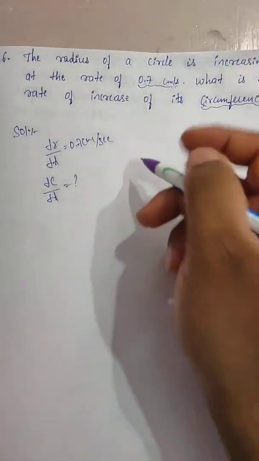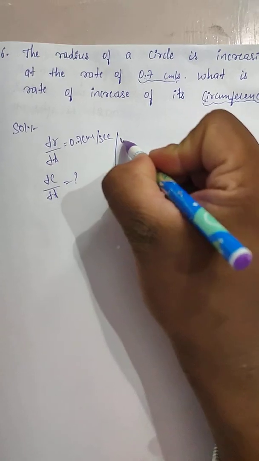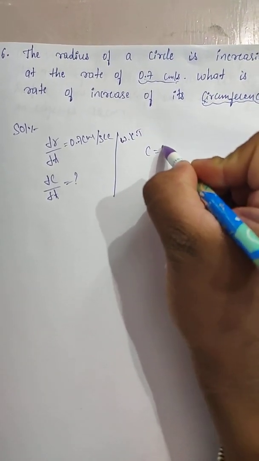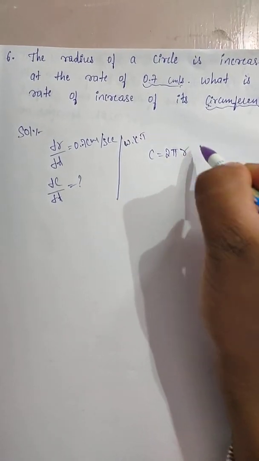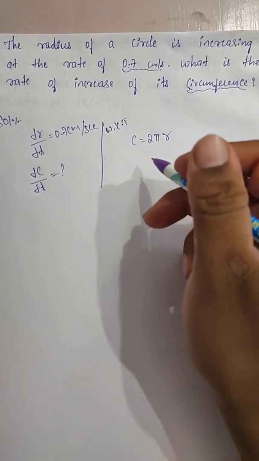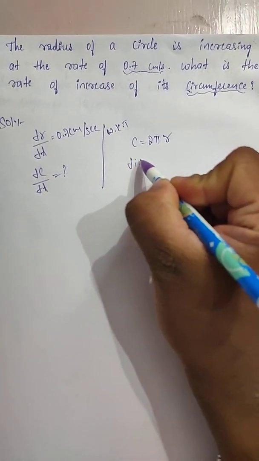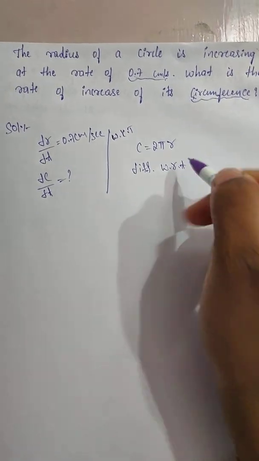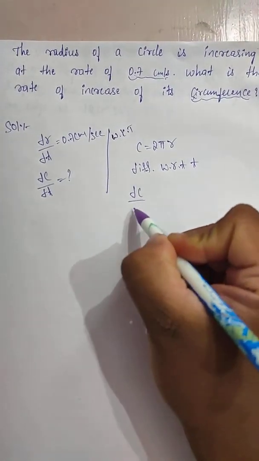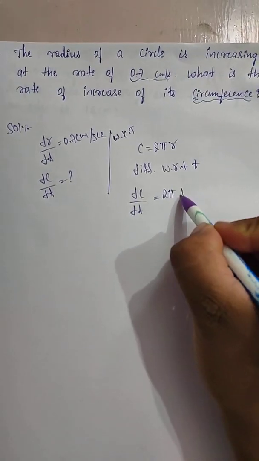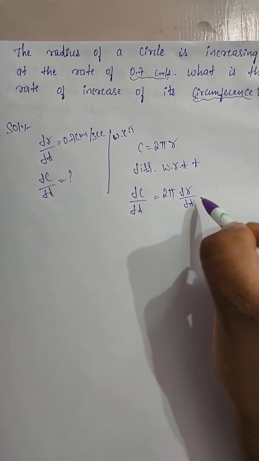Is it clear? So we know that the circumference of a circle is 2 pi r. Now you want to differentiate with respect to t. So dc by dt is equal to 2 pi, which is a constant, times the differentiation of r, which is dr by dt.